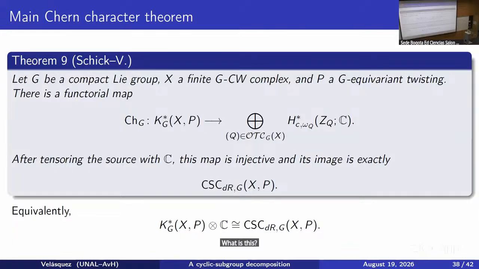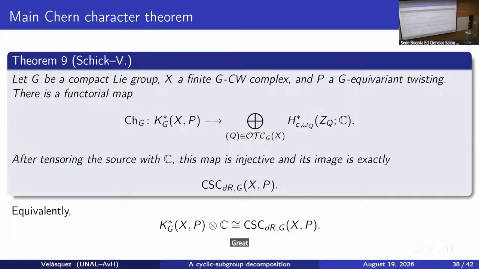This is a twisted cohomology with respect to some three-form with compact support of some covering space Z_g over the fixed point space X^g. And in such a way that when we tensor with C, this map is injective, and its image is exactly a certain subgroup depending on X, the group G, and the twisting P.